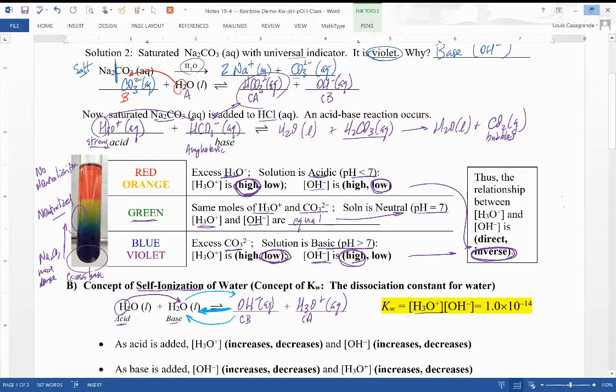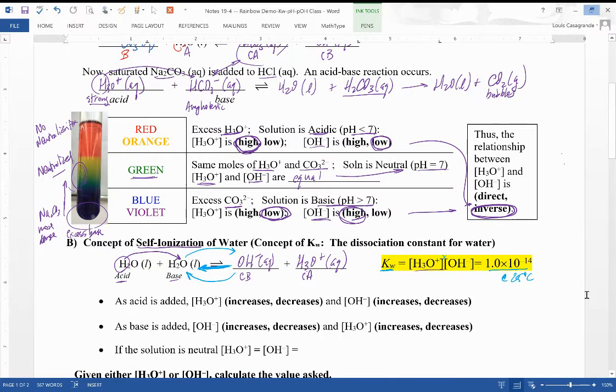And we know that because this dissociation constant, K stands for constant, W for water, the water dissociation constant, which equals the product of the hydroxide concentration and the hydronium concentration, is a very, very, very small number, 1.0 times 10 to the minus 14. We'll talk about what that means in a moment. Okay, and this is at 25 degrees C. That value does change depending on temperature.